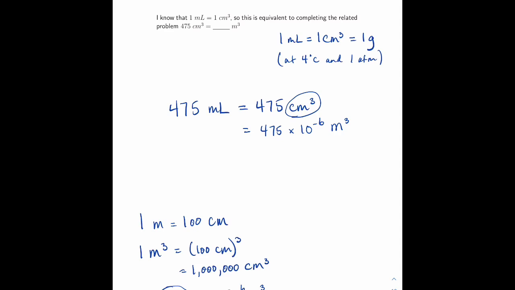And so I can evaluate this in scientific notation pretty easily. 475 times 10 to the negative 6 is, well, I can write that first part as 4.75 times 10 to the 2, and I still have times 10 to the negative 6, and this is meters cubed. So this is 4.75 times 10 to the negative 4 cubic meters.